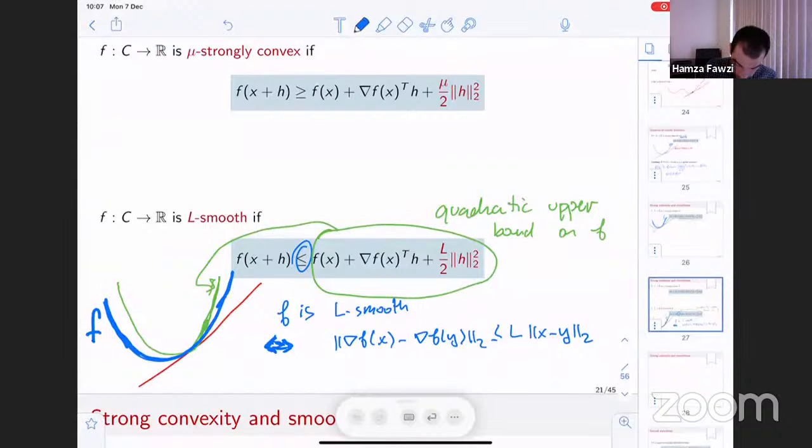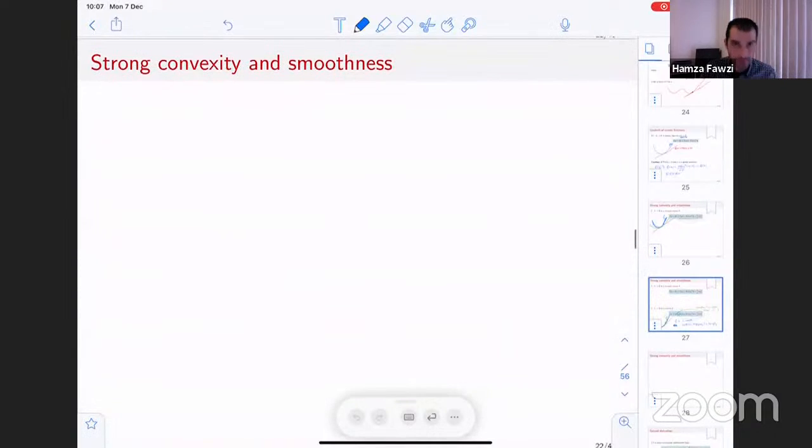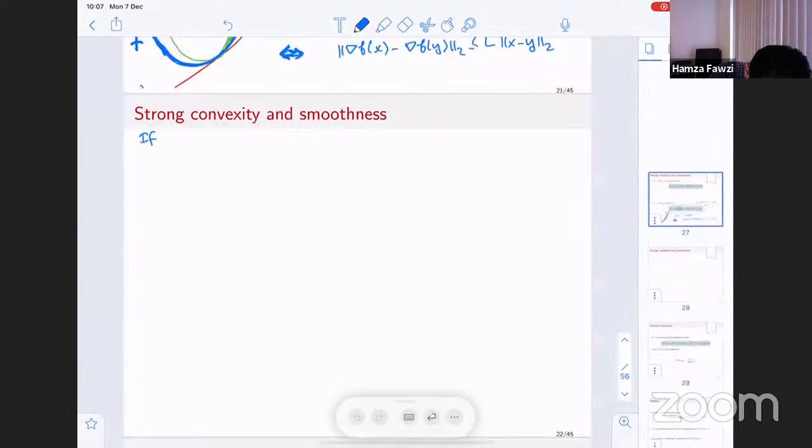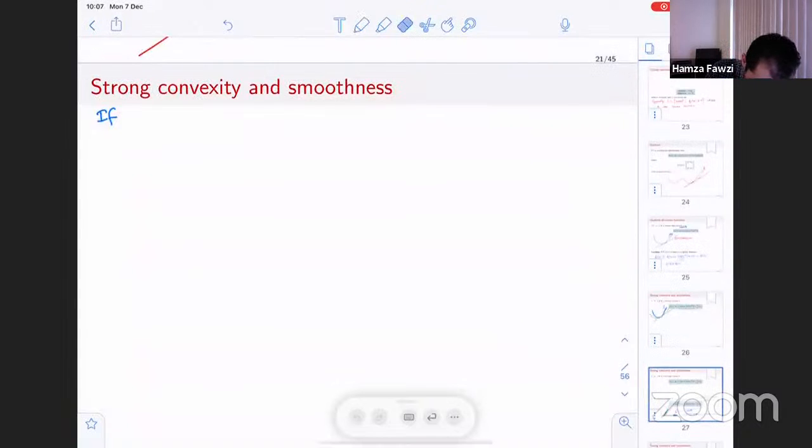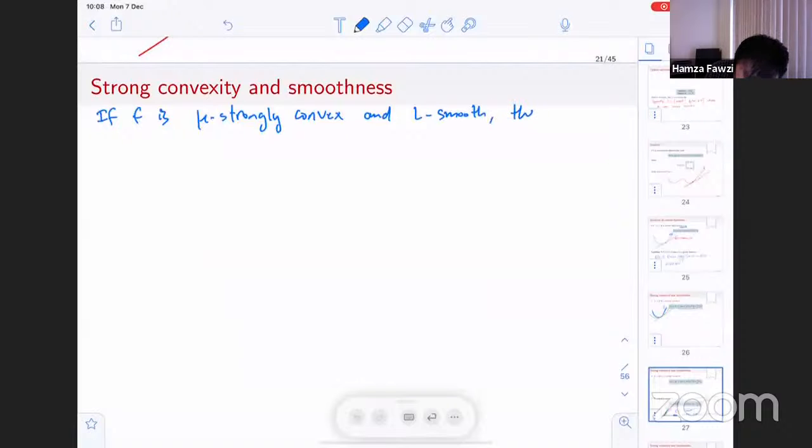So to summarize, just strong convexity and smoothness. If f is mu strongly convex and L smooth, then I can sandwich f between two quadratic functions.